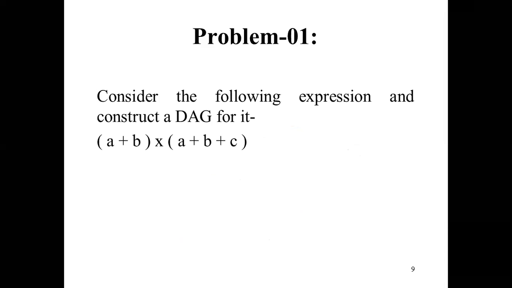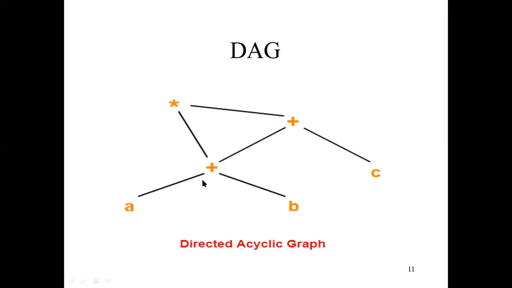Just see here, B plus C. Now you can see here A plus B, and again addition with C. Now we are getting this expression A plus B and plus C. And this A plus B plus C has been multiplied with this expression. So this is the common one.